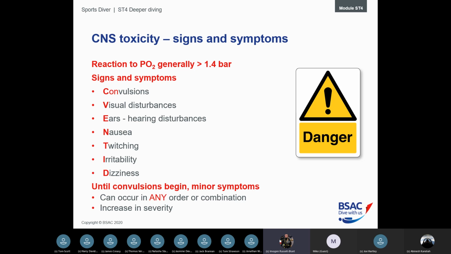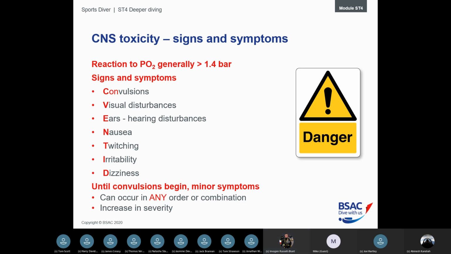Until convulsions begin, if they're just miserable with you, they feel a bit sick, their arms are twitching, they're minor symptoms. You've got a problem, but you're not quite in the danger zone, as I would call it. All of these things get gradually, severely worse until you reach convulsions and passing out, and then that is serious.